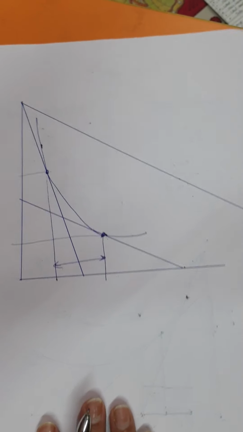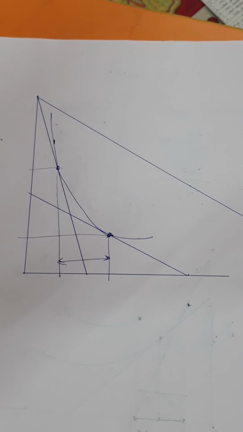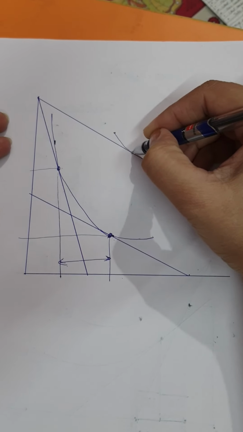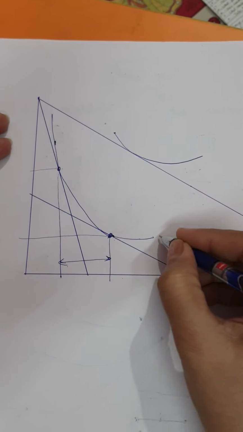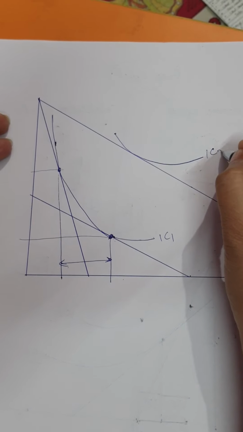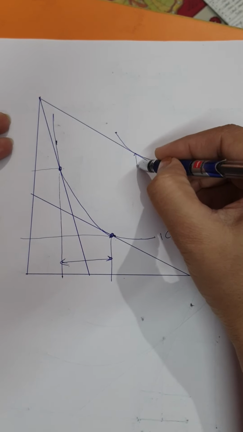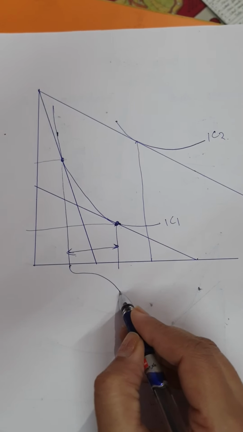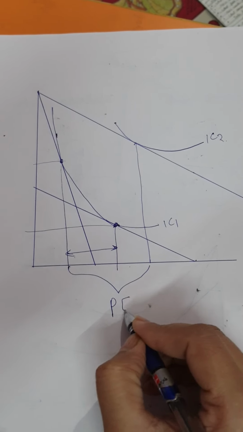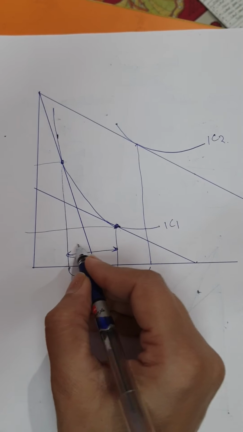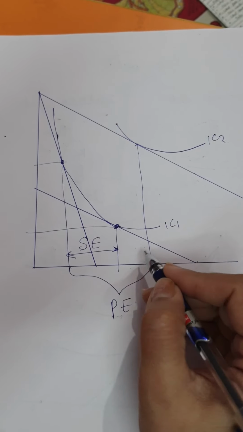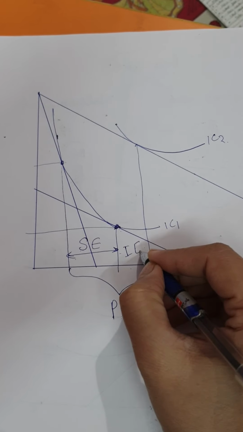So you got this budget line, and you will draw your new indifference curve somewhere here. This is IC1, this is IC2. So this is your price effect, this is your price effect, and this is substitution effect, and here remaining is obviously income effect.